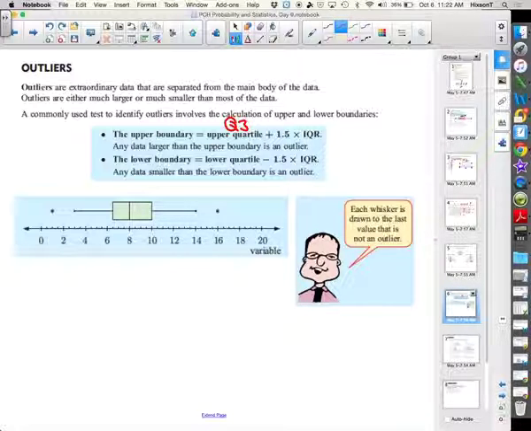Now let's stop there for a moment. Notice here, 6.5 is our Q1. Here, Q3 is 10. So the IQR is 3.5.